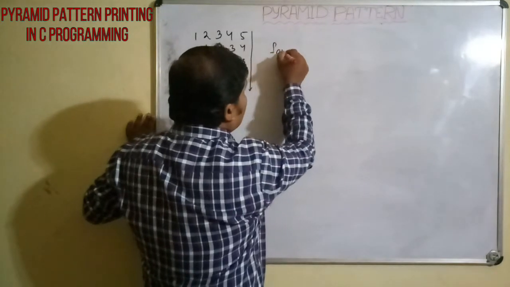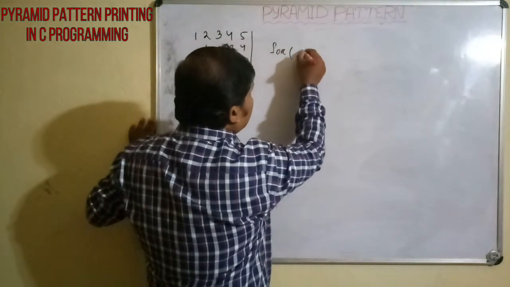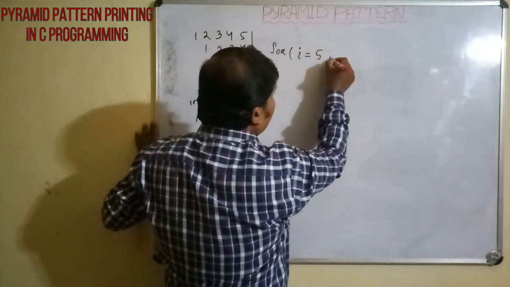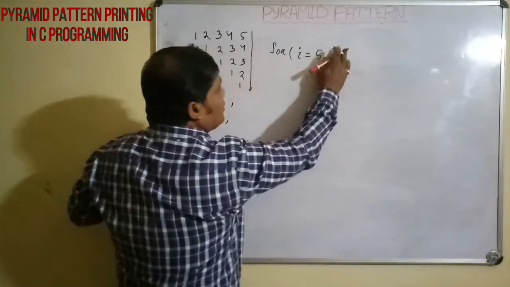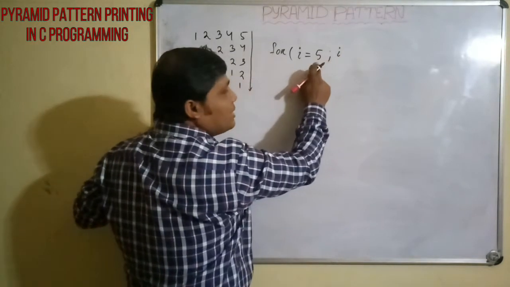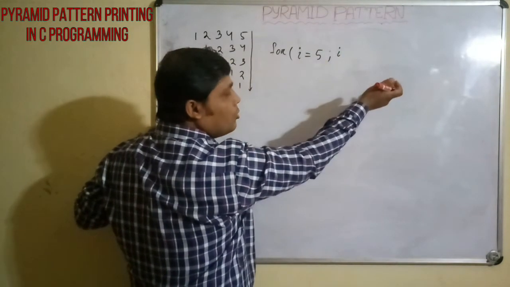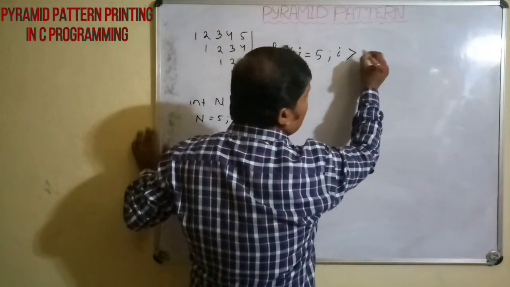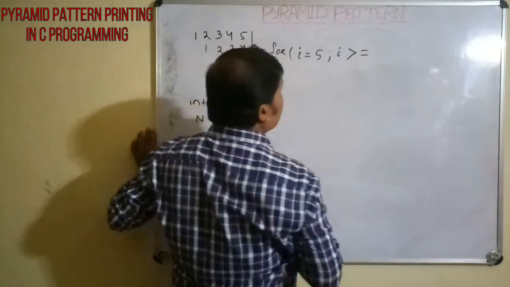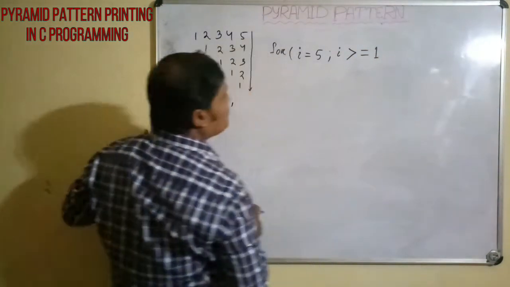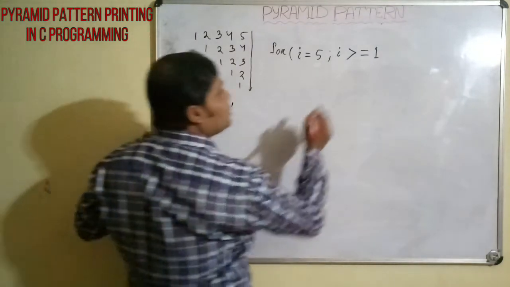So the i loop will start from, instead of starting from 1, I will start from 5. Just see, i value starting from a larger value and obviously ending with a smaller value. So here it will be greater than or equal to, what? Greater than or equal to 1. Clear?